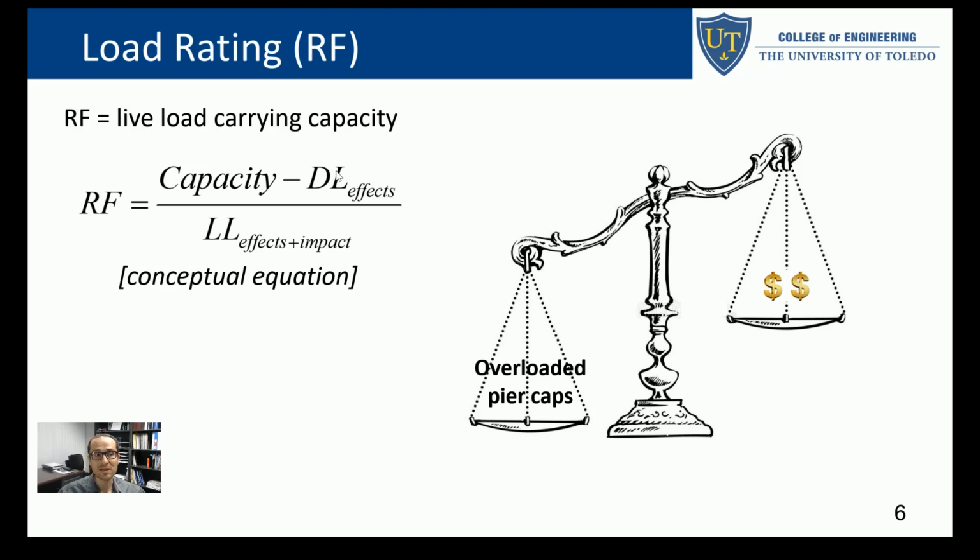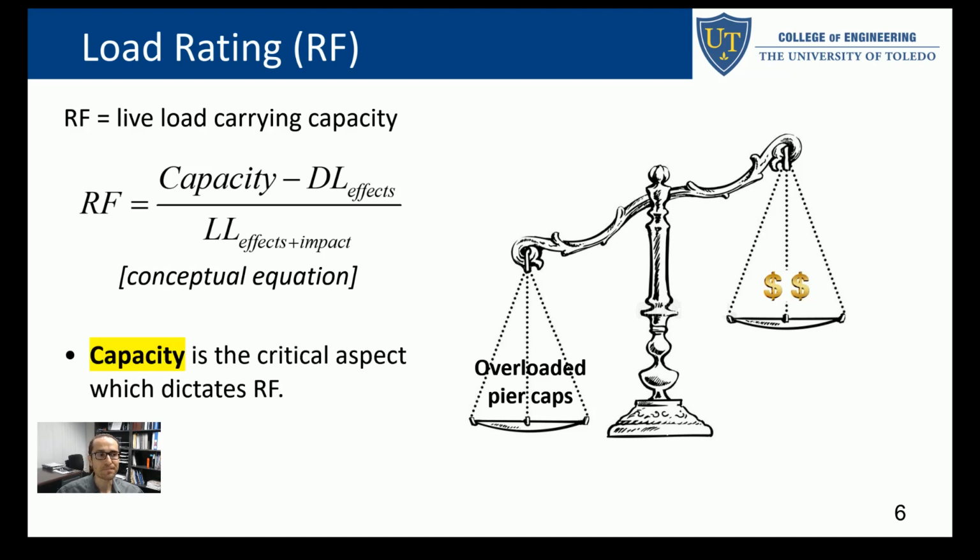You deduct dead load effects and you divide it by live load effects. So that would give you how much you can exceed the current live load. Can you get 20% more live load on it, 30% more, or is it overloaded? So that's what the rating factor, RF, will tell you.